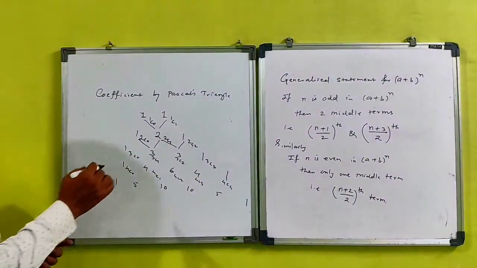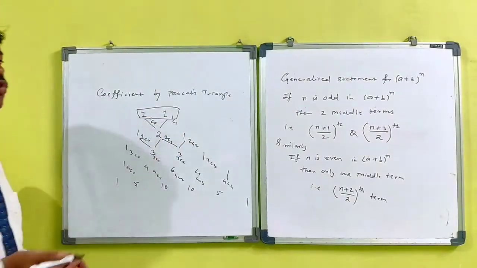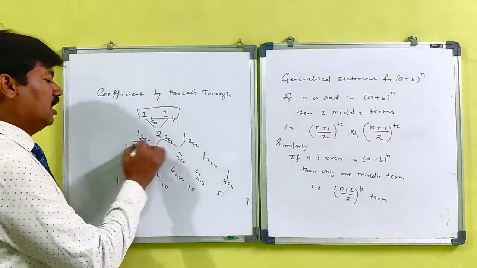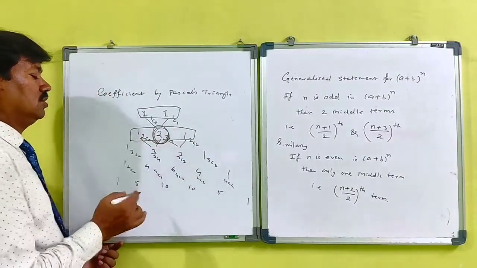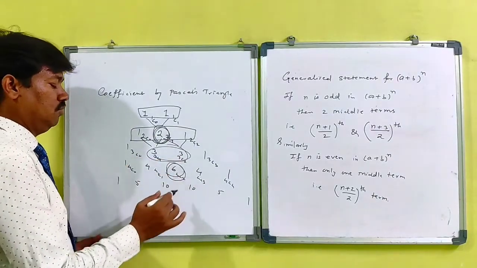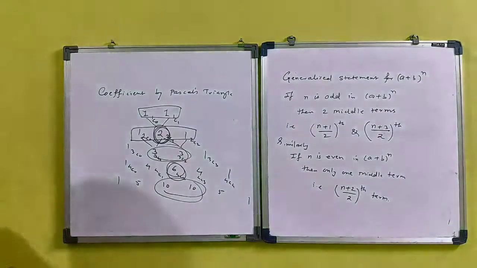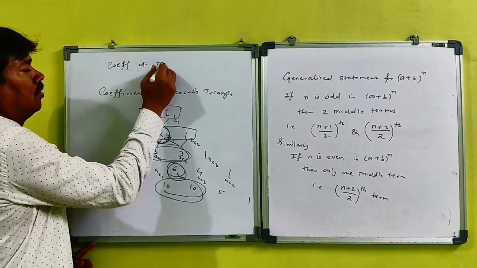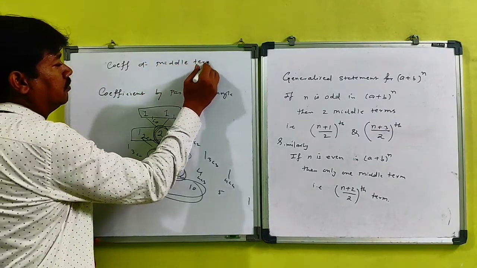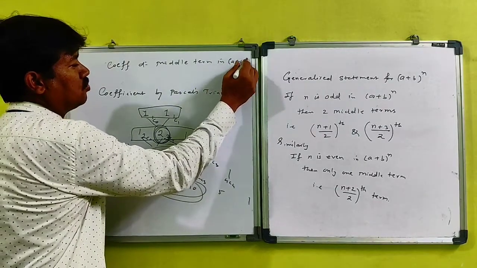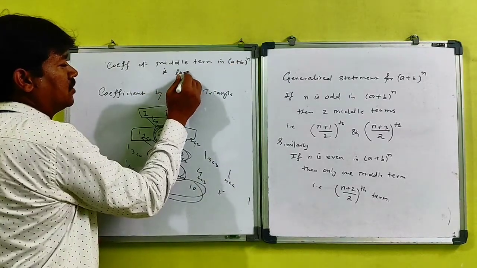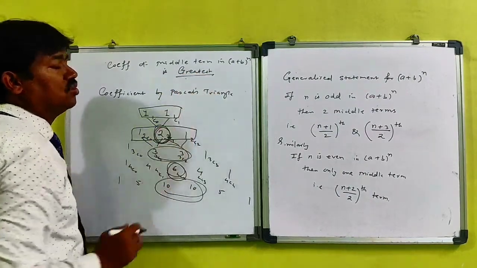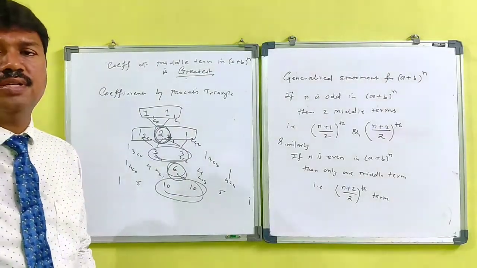Clearly, if you take the row 1, 1, both coefficients are equal because there are only two terms. So always, the coefficient of the middle term in (a + b)^n is the largest, the greatest of all.